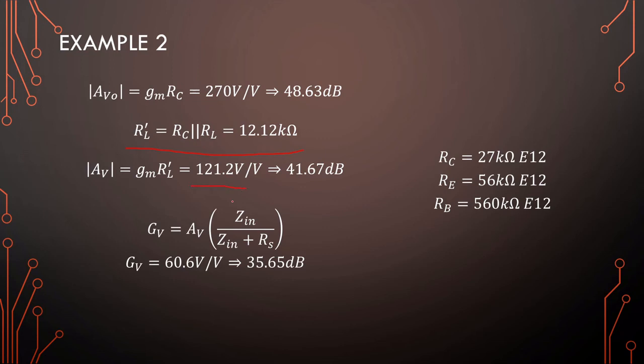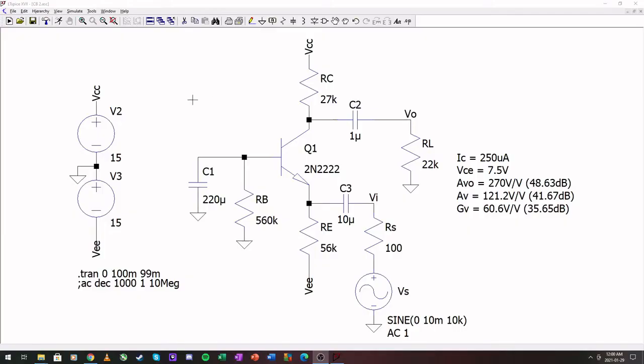That's a gain of 121 volts per volt, 41.67 decibels. And then we have matching, so this divided by 2 is 60.6 volts per volt, and that is 35.65 decibels. Let's go over to the simulation and check our results.